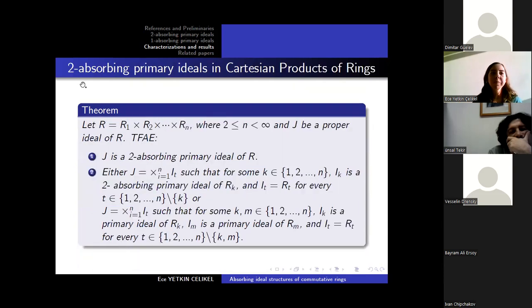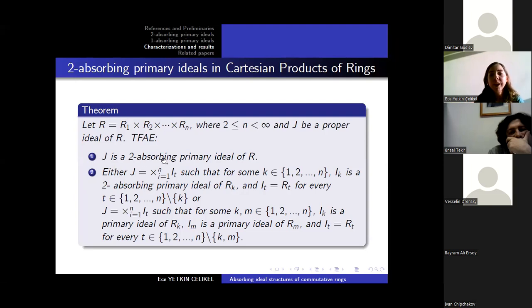But the case of two absorbing primary ideals is different here. If again you have a Cartesian product of rings and you want to discuss all of the two absorbing primary ideals of this ring, this is not the same as primary ideals, and also not the same as two absorbing ideals.